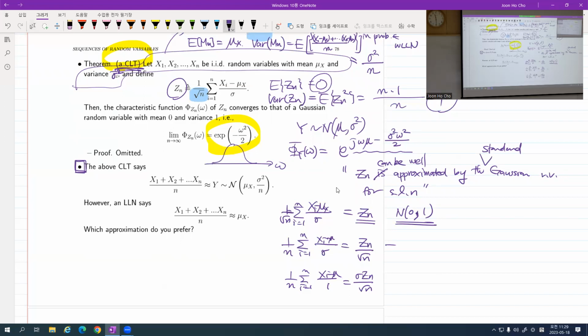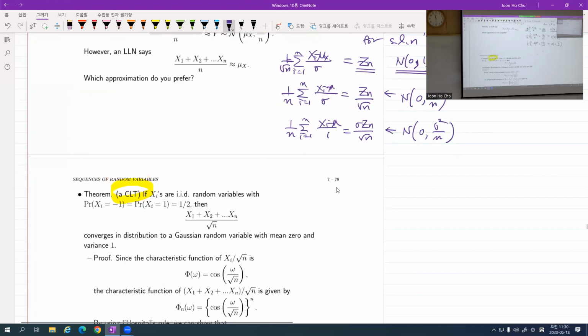Now let me ask you, how does z sub n divided by square root n approximate a Gaussian? It approximates a Gaussian with 0 mean and what? Variance 1 over n, right? Because you multiply by square root n. What about this one? This one well approximates this Gaussian random variable. Now you add mu, and then what happens?